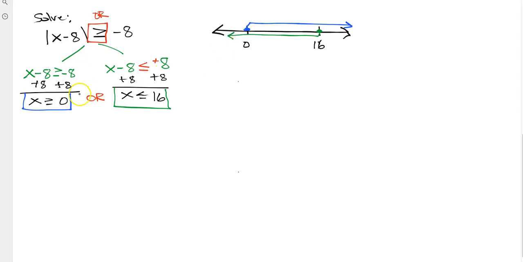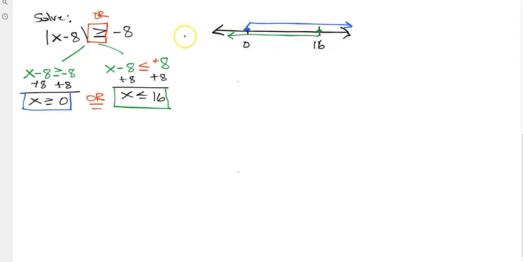Okay, but remember, this is an or statement, right? If it was an and statement, we'd want the stuff in between, just like we did on the previous problem. But that's not true on here. We don't want where it overlaps. We want everywhere the green graph occurs and everywhere the blue graph occurs.